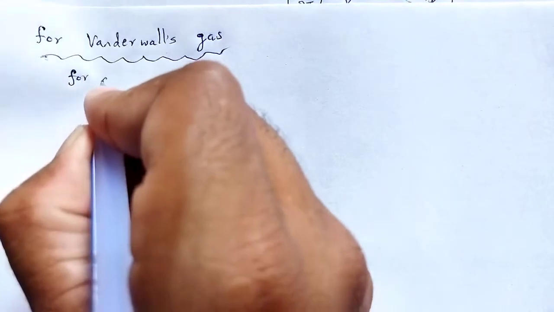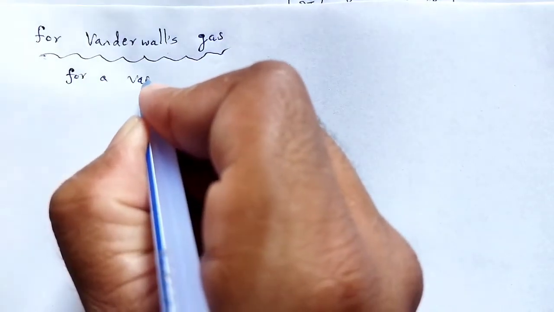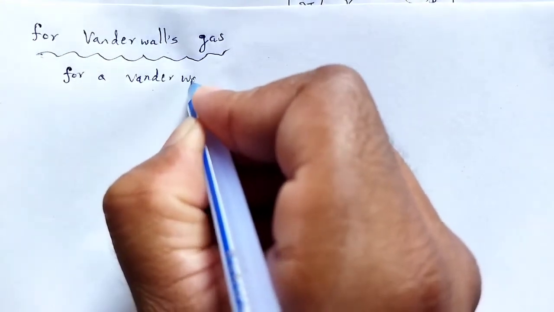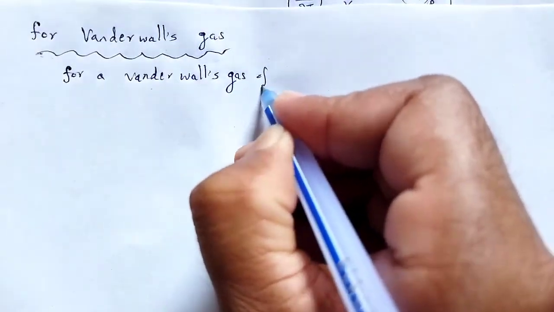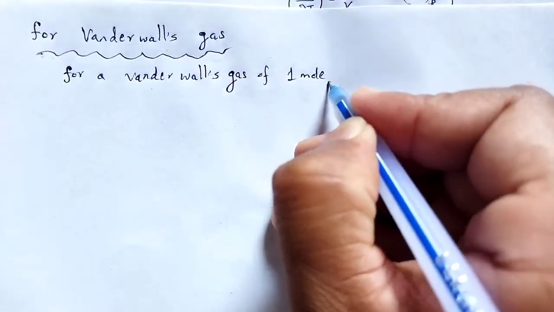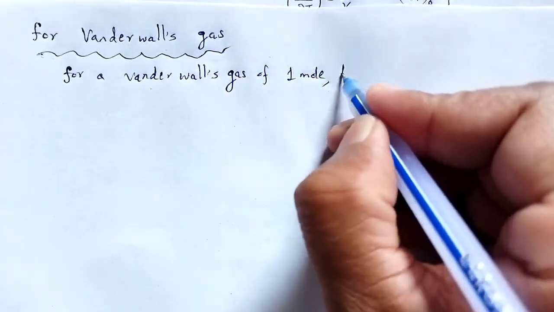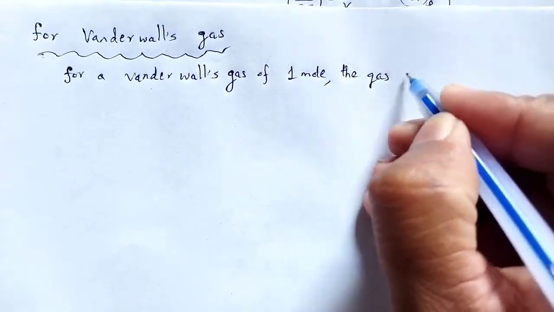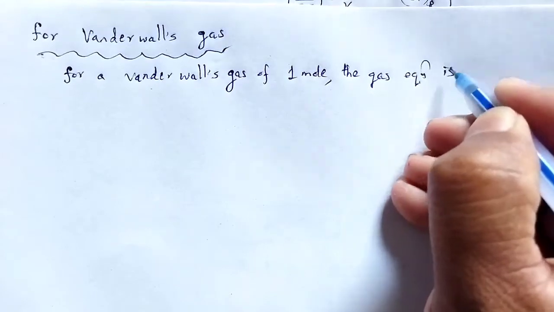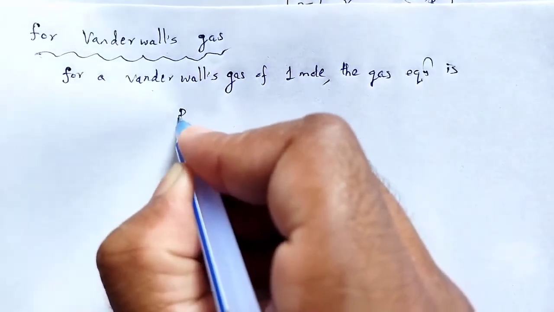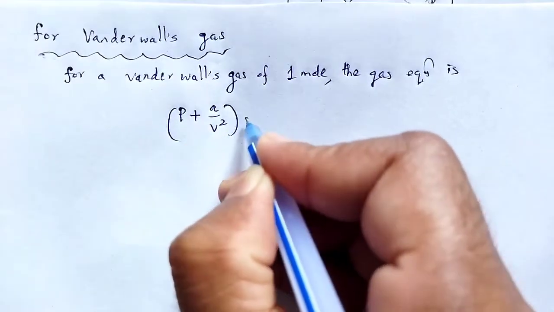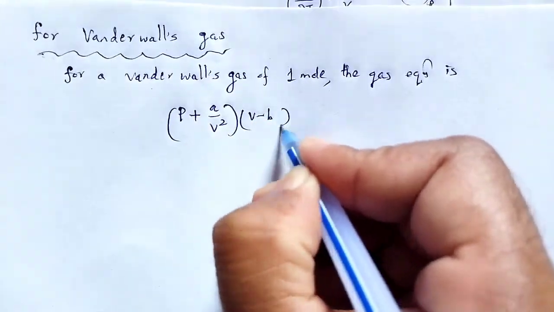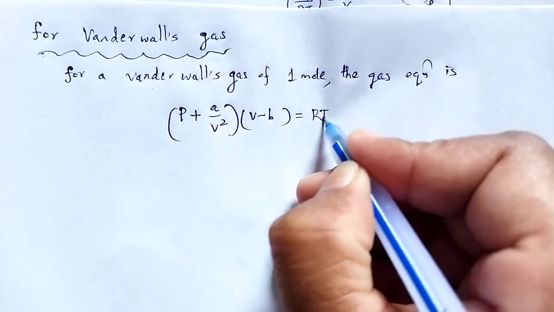For a van der Waals gas of 1 mole, the gas equation is, that is P plus a by V square into V minus b is equal to RT.